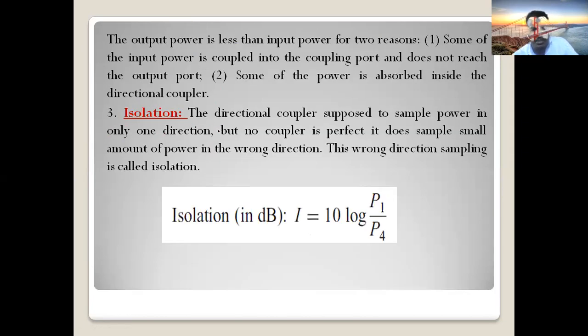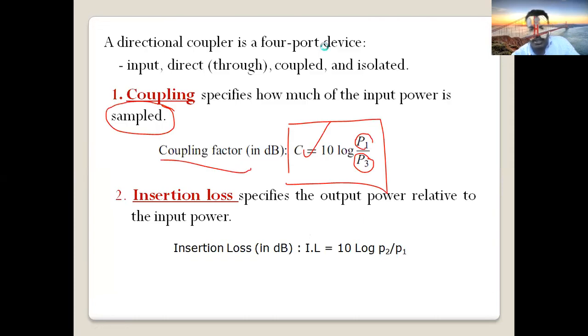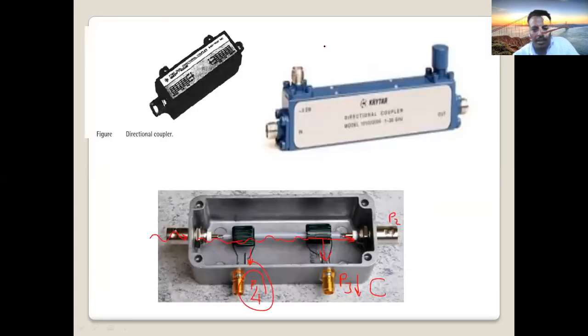So what does isolation mean? Before that, when you say insertion loss, the output power is always less than the input power. In a directional coupler, if you apply some input power here, the output power P2 is always less than P1.